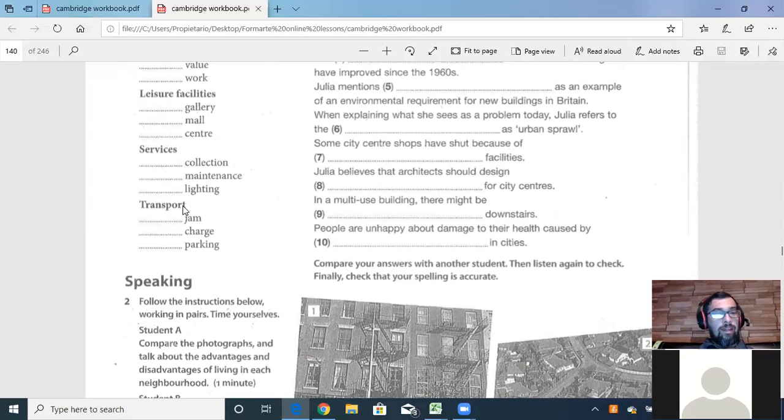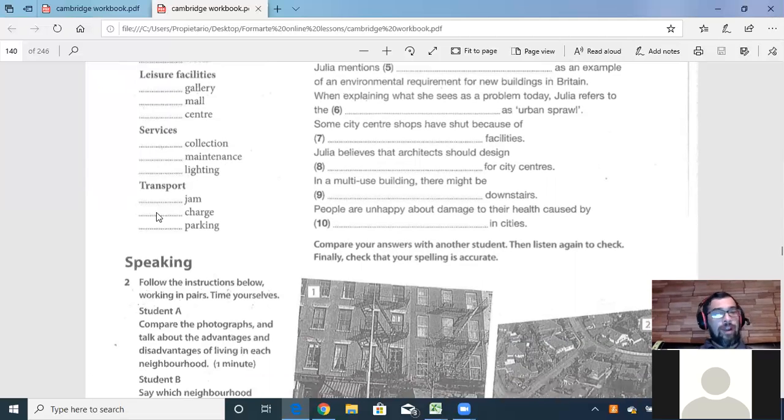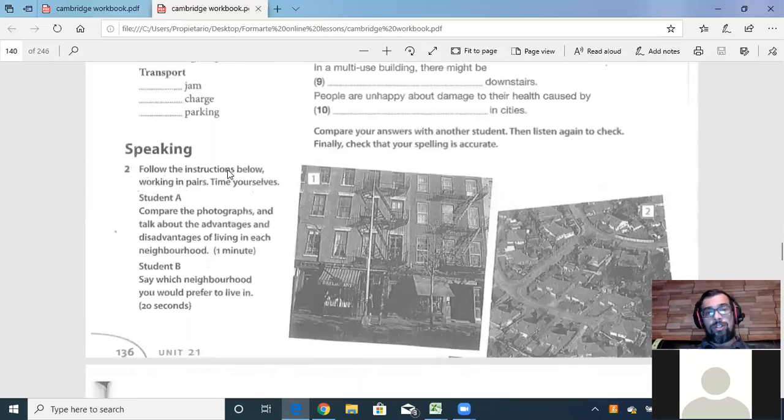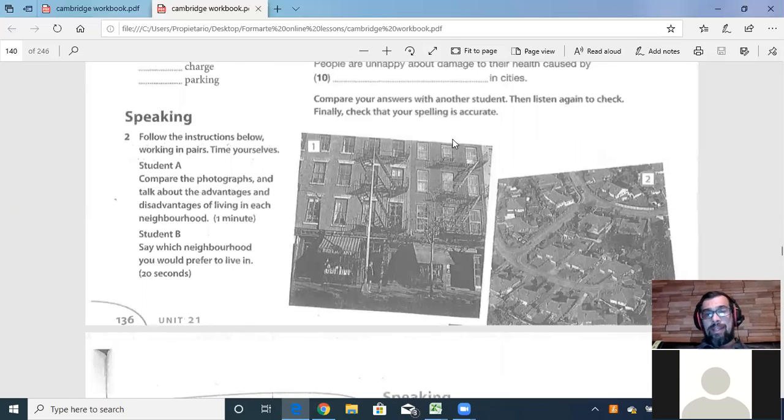And then for transport, we have traffic jam, congestion charge, and residence parking. So this is good vocabulary that you can use, for example, in this speaking part that we're going to start right now.